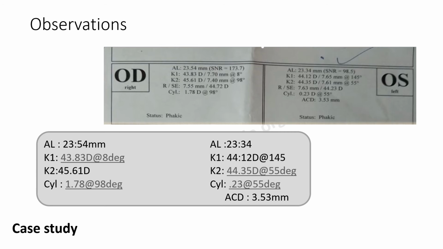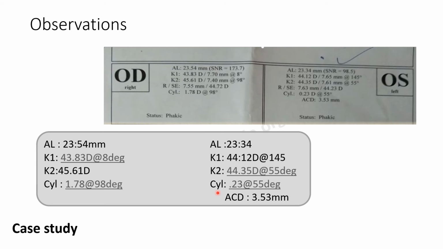Here, for example, you can see that the keratometry reading of the two eyes differs by more than one diopter. In the right eye, the cylinder is 1.78, and in the left eye, the cylinder is 0.23, almost no cylinder at all. What accounts for this difference?